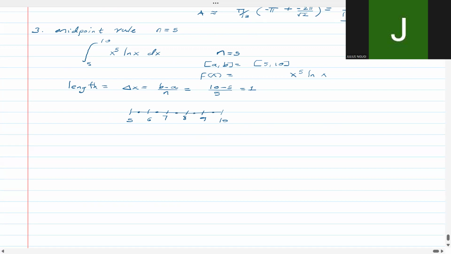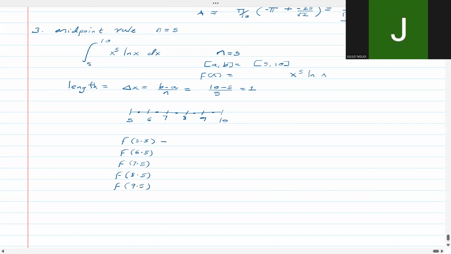So that means that the point between 5 and 6 will be my first point, and I'll be finding the function value f at 5.5. The other one is f at 6.5. Keep on adding 1. F at 7.5. Function when x equals 8.5. And the last one is the function when x equals 9.5.